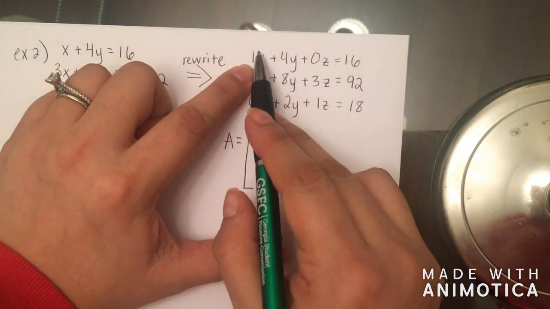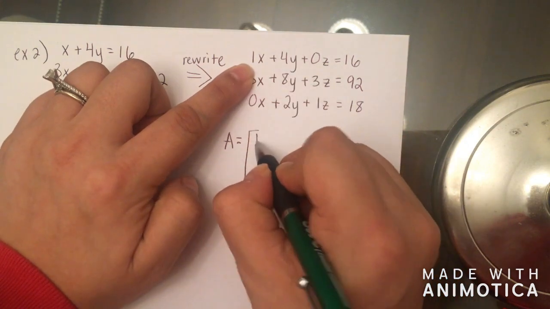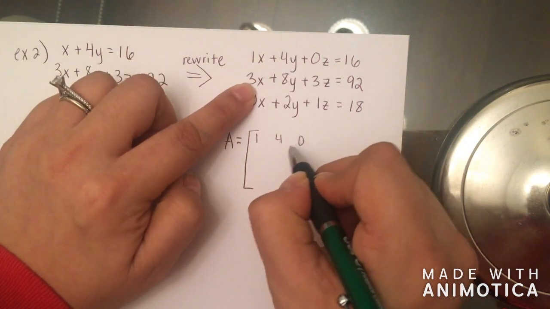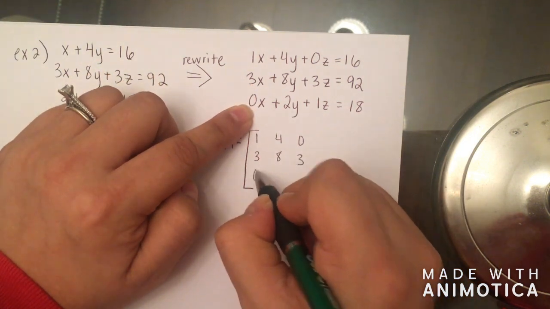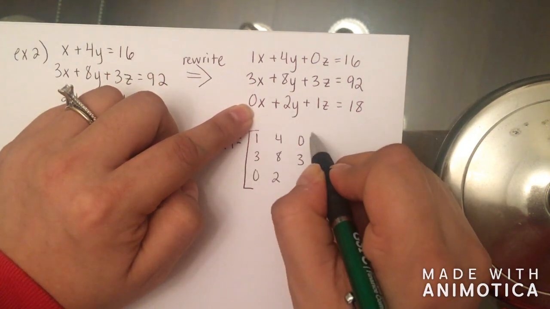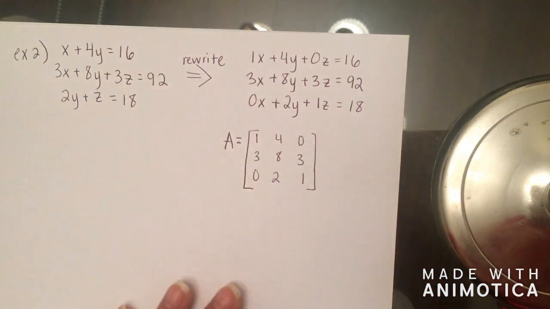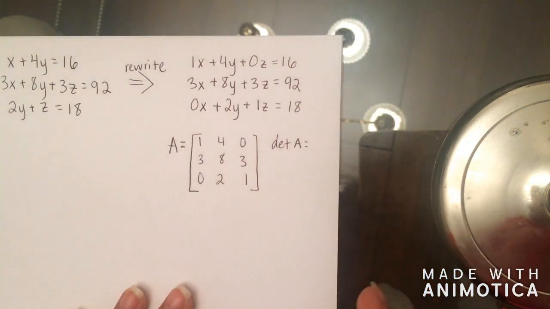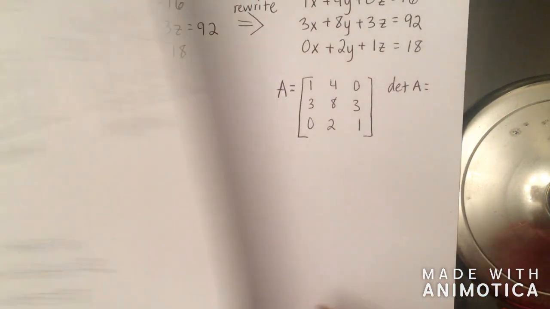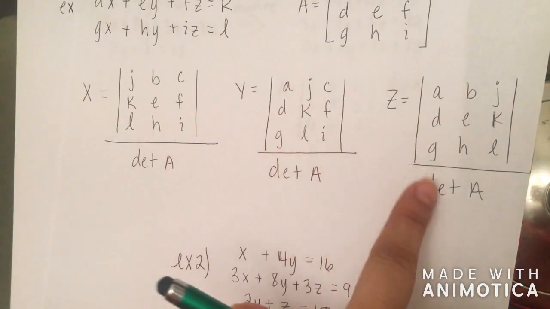They're just the coefficients here. So it's 1, 4, 0, 3, 8, 3, 0, 2, 1. Okay. And then I'm going to find the determinant of that matrix in a little bit. I'm going to set up how to find x, y, and z.